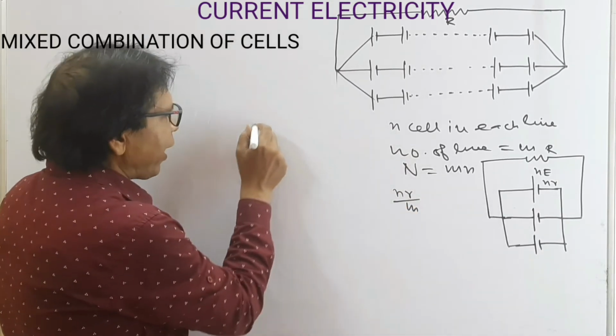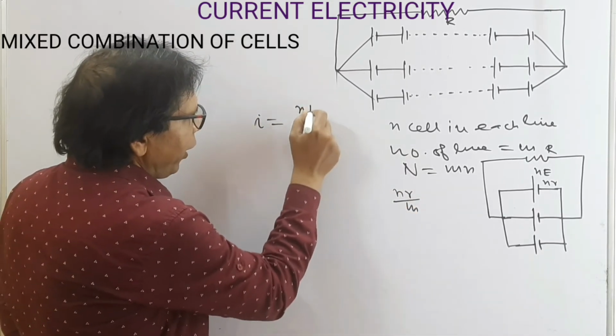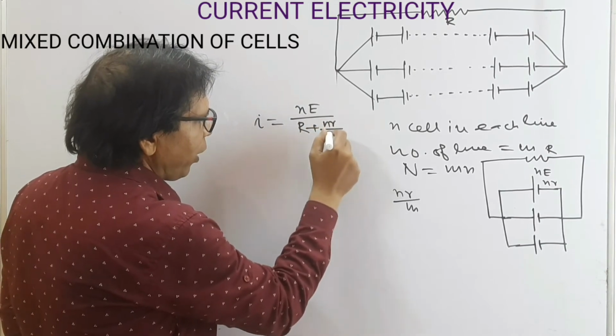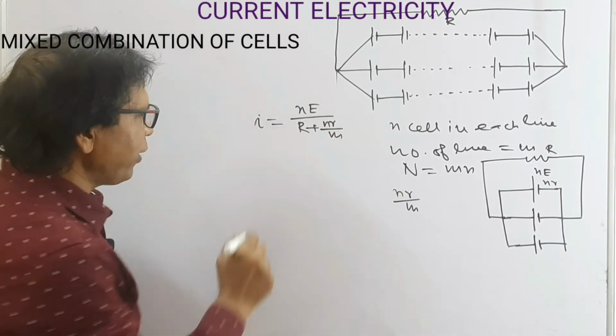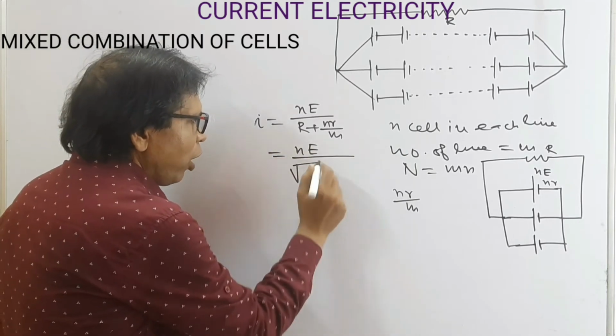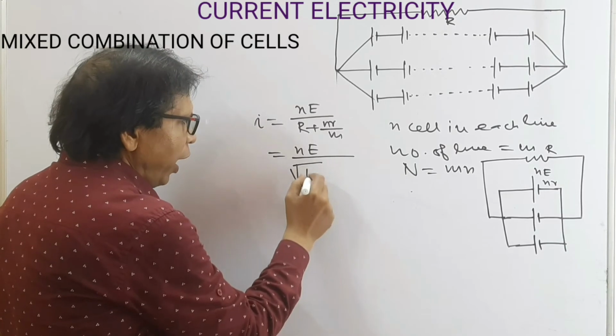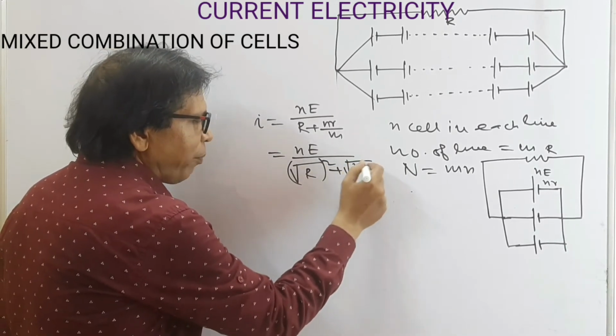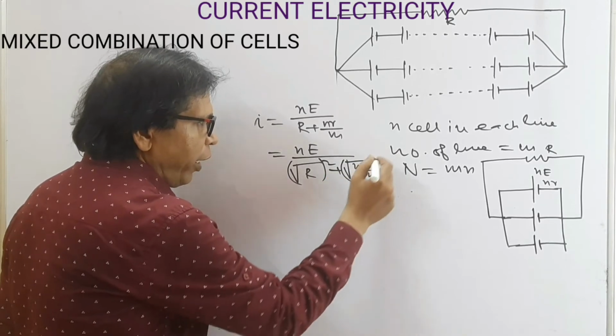So look at this, the current I equals NE divided by capital R plus nr by m. Now look at this, this is NE divided by the square root of R squared plus the square root of nr by m squared.